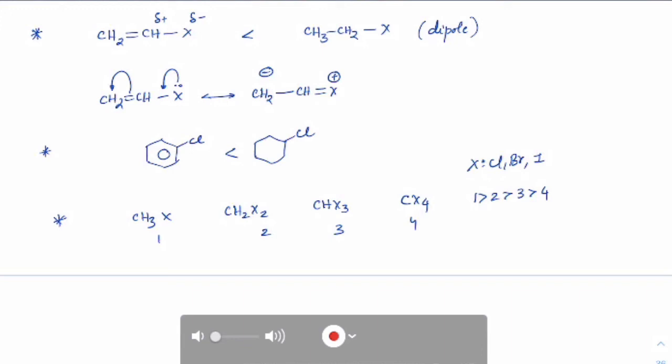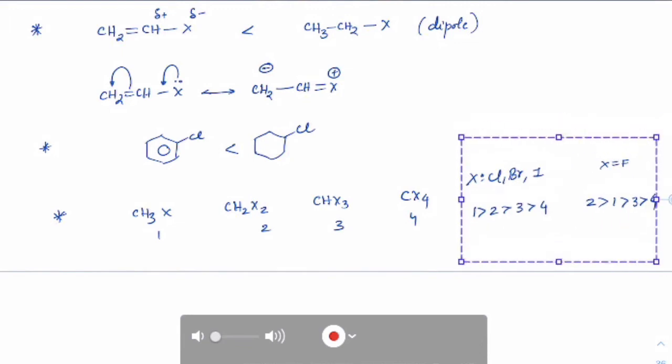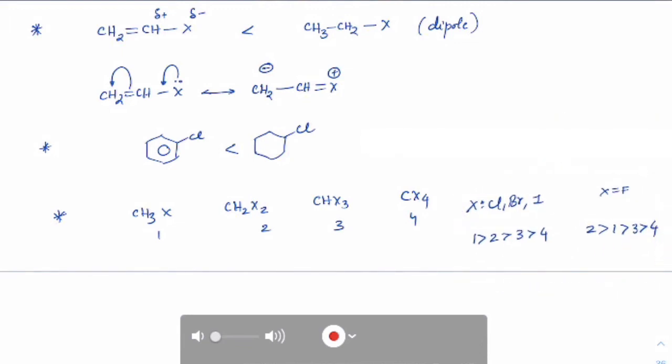And in case of fluorine, 2 is more than 1, then 3, then 4. I would suggest you remember that this is the case for halides, and fluorine has that exception.